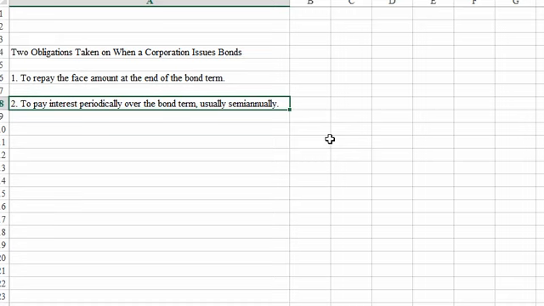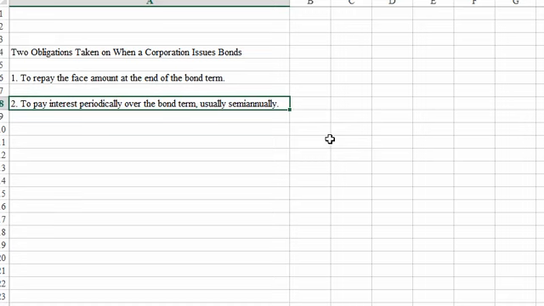It tells us on September 30th, 2016, San Filippo Corporation issued 8% stated rate bonds. That's the rate of interest they're going to pay annually to the bondholders, with a face amount of $300 million.